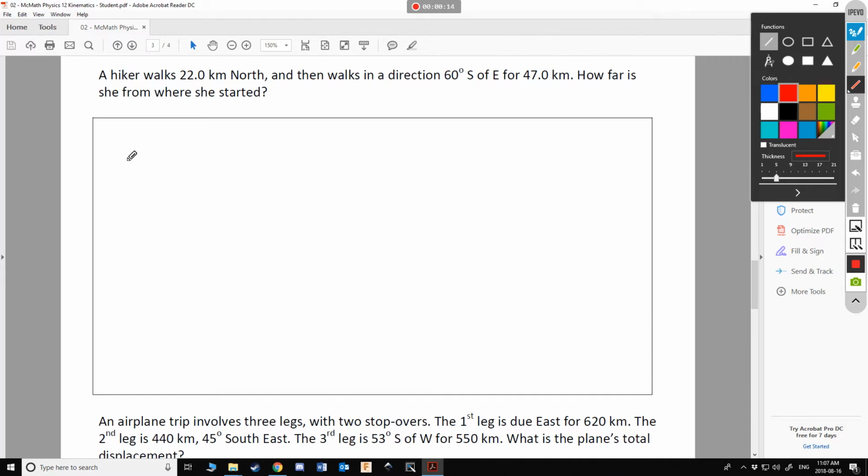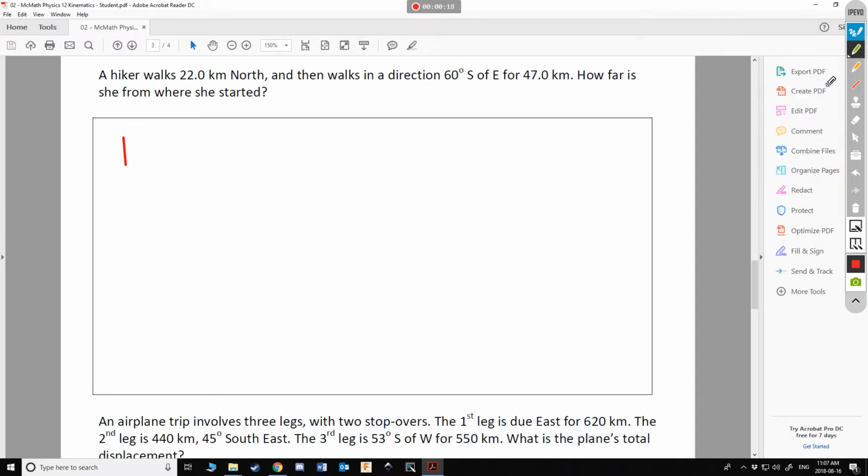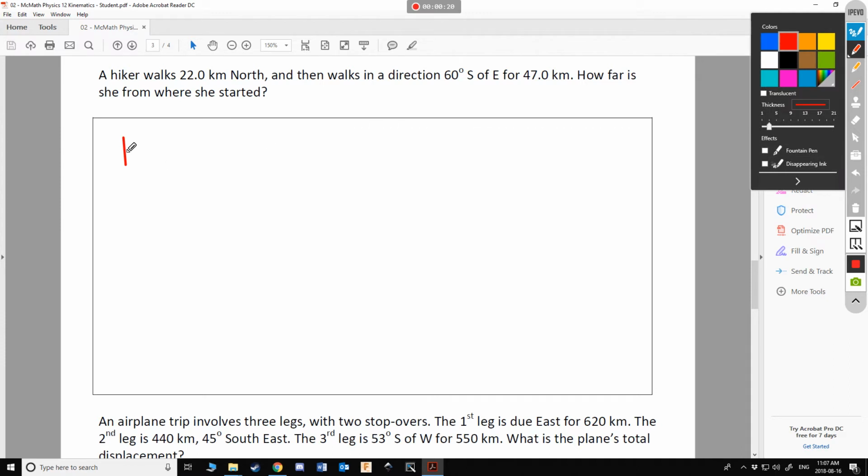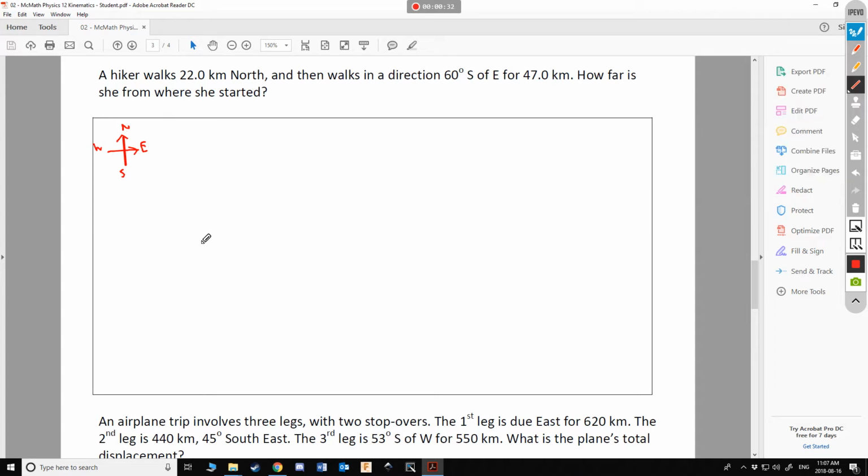If you're having a tough time with directions, draw the compass in the corner of your page to begin with. So I have north, south is down, east is to the right, and I have west. So we are starting, the hiker walks 22 kilometers.